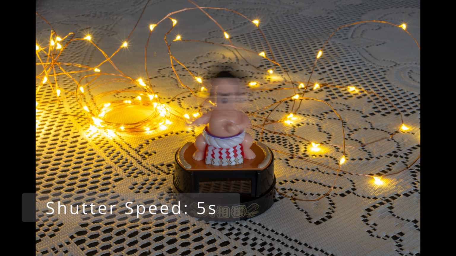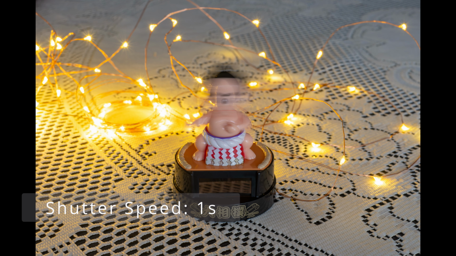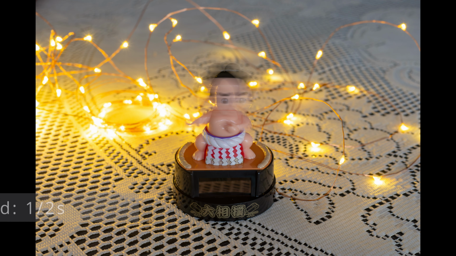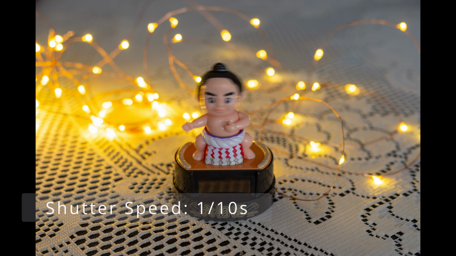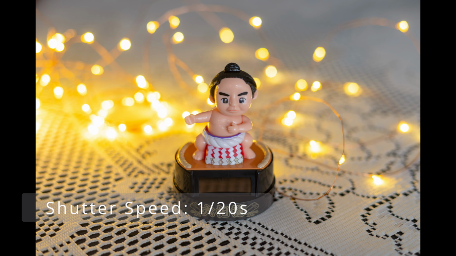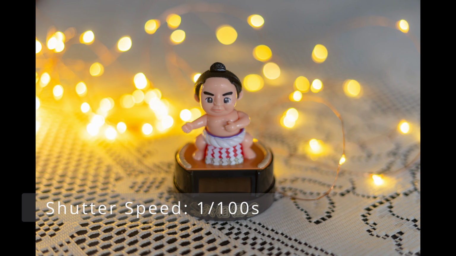And because he's moving, you will see that at 30 seconds, the motion of his head and his arms is captured in the image. And then as you decrease the shutter time, so as you make the shutter time shorter and shorter, from 30 seconds to 20 seconds, 10 seconds, 5 seconds, and then into fractions of a second, you see that his motion becomes less and less apparent in the images that you are creating.